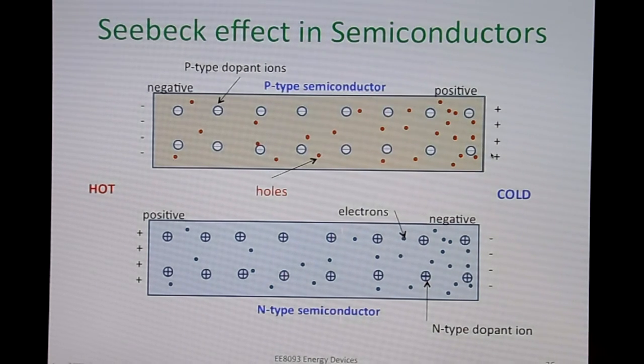So in other words, in the steady state, the right hand side of the p-type semiconductor has a net positive potential relative to the left hand side.